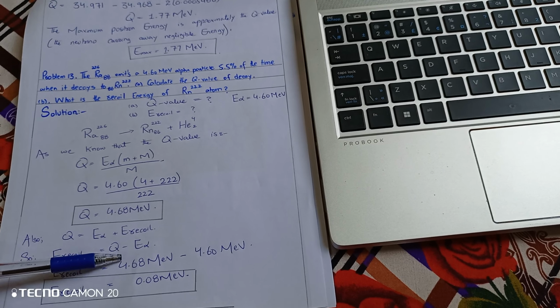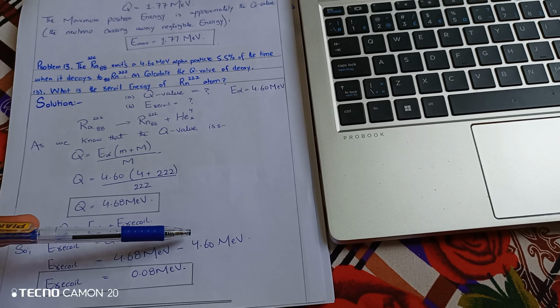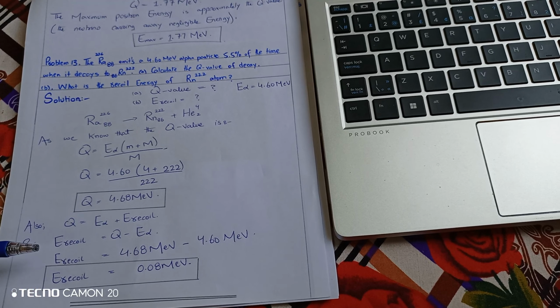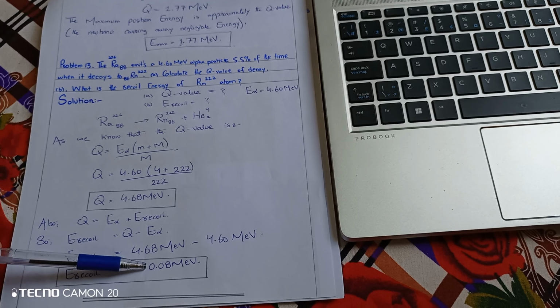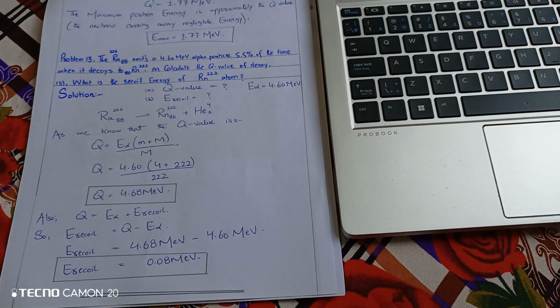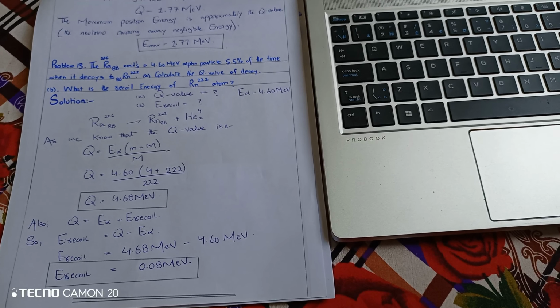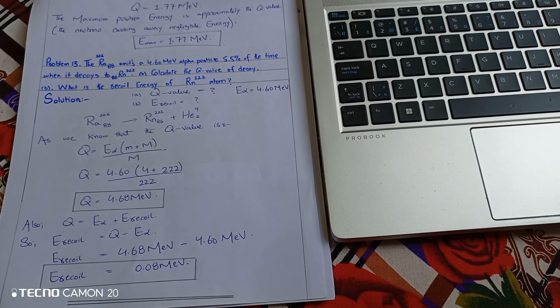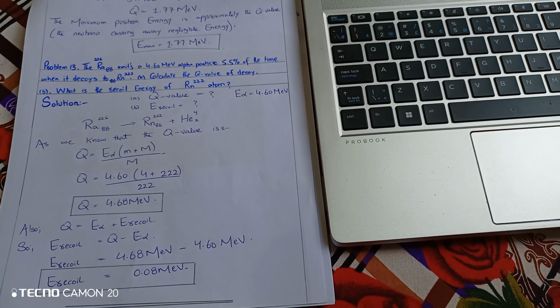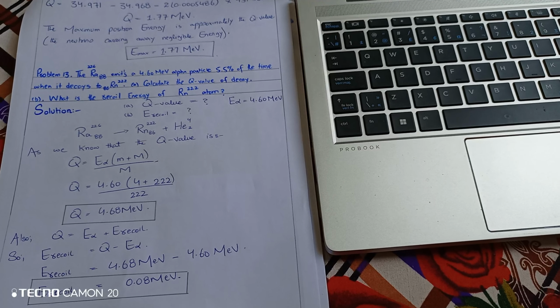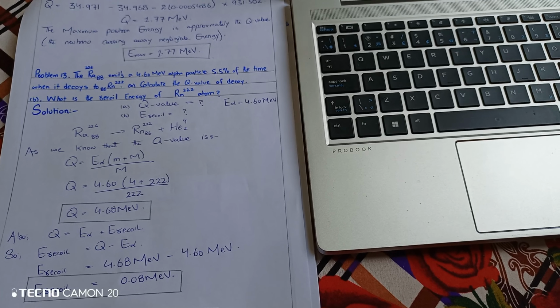After putting in the values, 4.68 mega electron volts minus 4.60 mega electron volts, you will get your recoil energy, which is equal to 0.08 mega electron volts. So this is how you can find the Q value, and you can easily find the recoil energy by this relation. So that's all for this assignment number 2 of principal methods and applications of nuclear tracks.